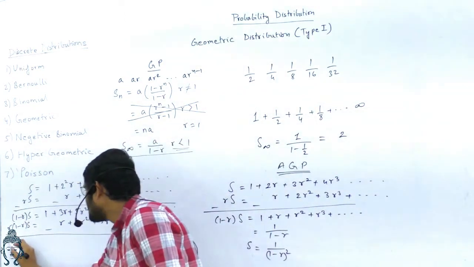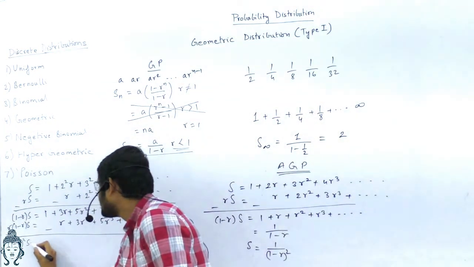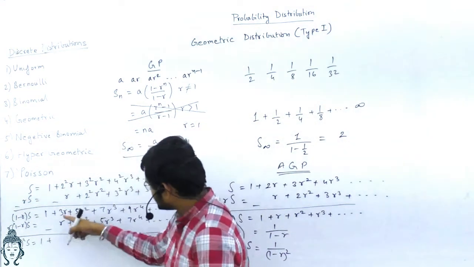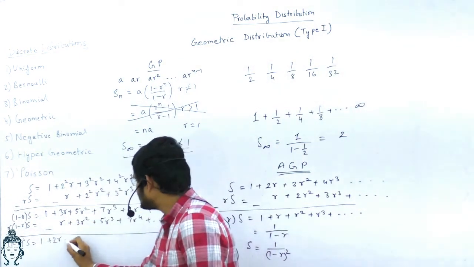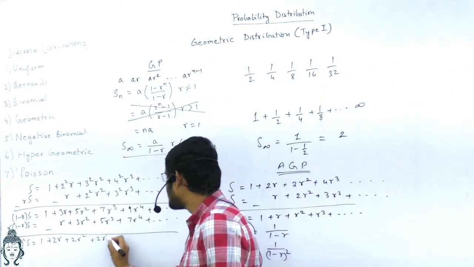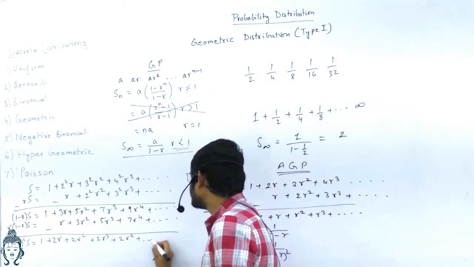So here I am going to get 1 minus R square S, and this is going to be 1 plus 2R plus 2R square plus 2R cube plus 2R raised to 4, and so on.